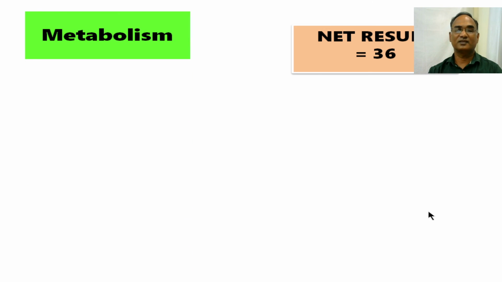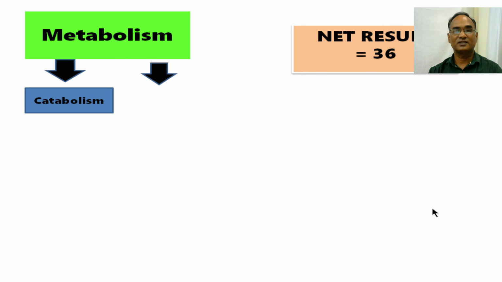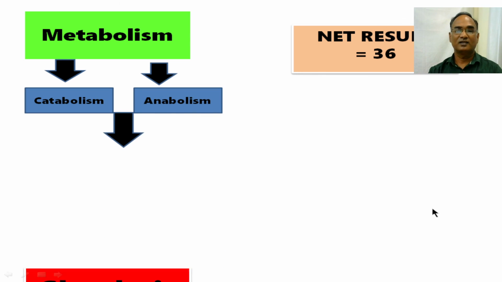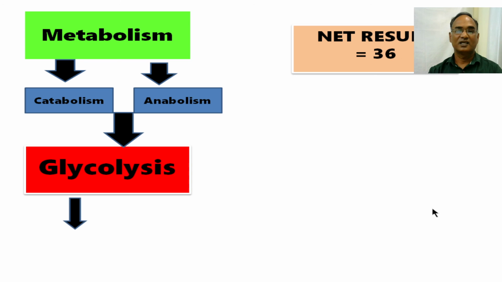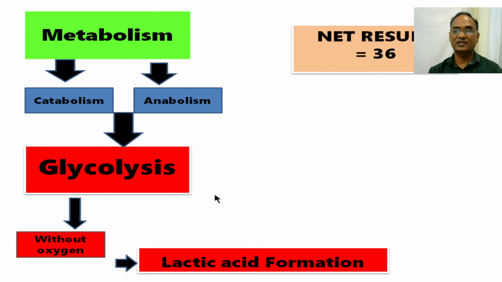And metabolism, actually the glycolytic process starts with metabolism. Metabolism is nothing but anabolism and catabolism. Finally it reaches the glycolytic process. If there is no oxygen in the glycolytic process, it will lead to lactic acid formation.